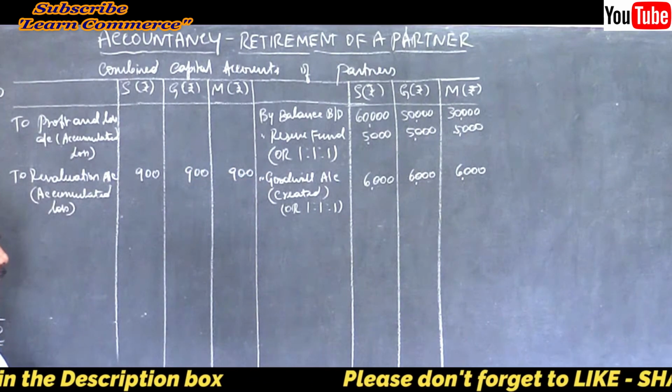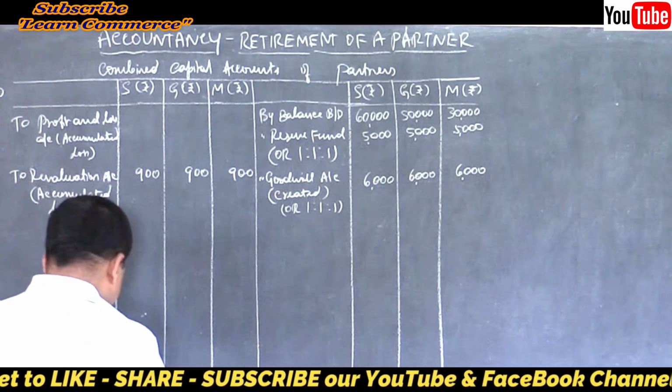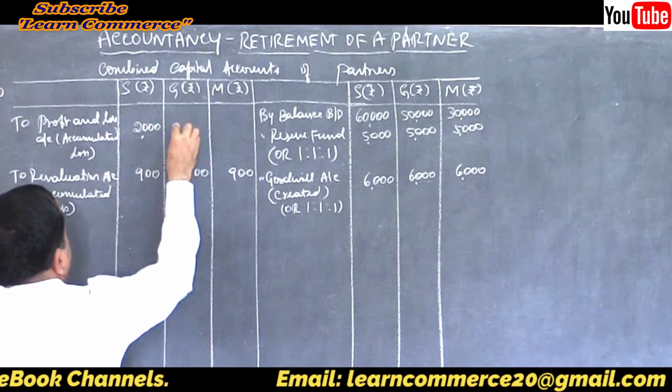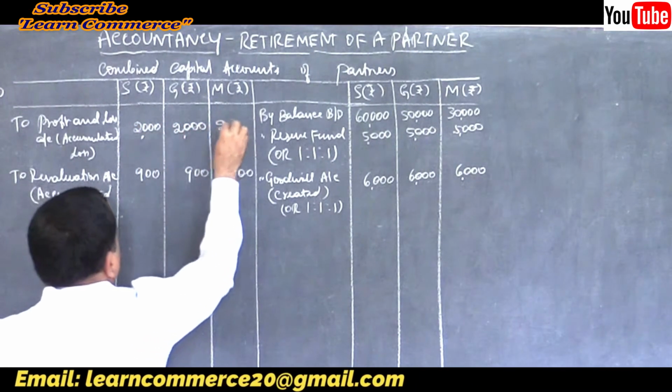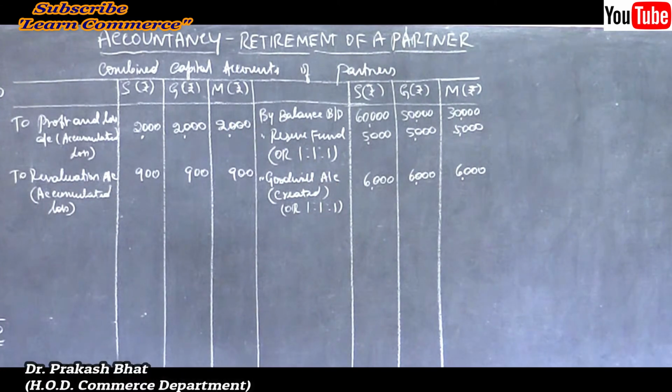Accumulated loss, what is the value? 6,000. So, profit and loss account, 2,000 each, right? That's all. No other entries.